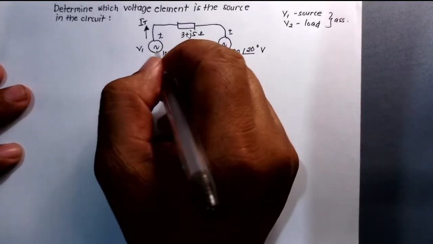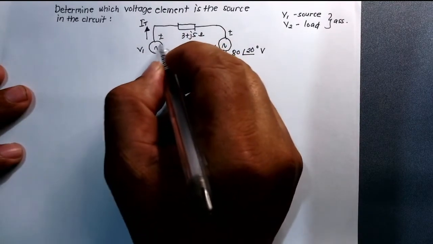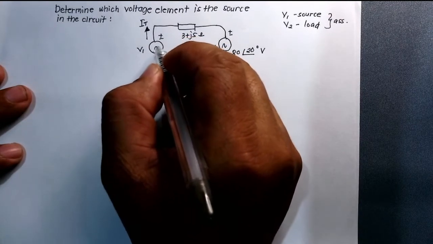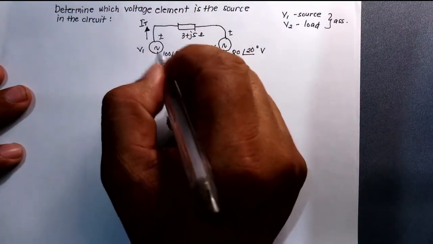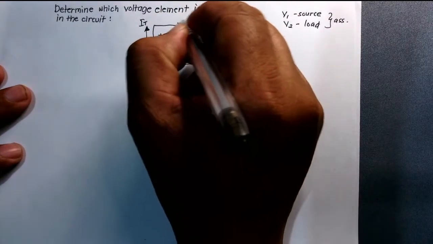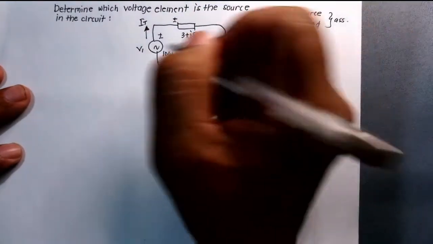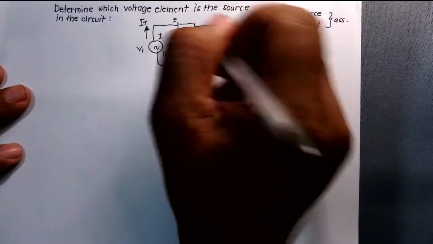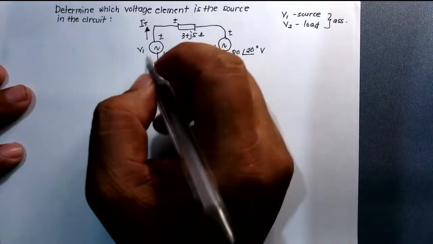So I will make B sub 1, since this is rising, a voltage rise, and if the current will pass through this impedance, this is my assumed polarity. So this will be a drop, and this one is rising.